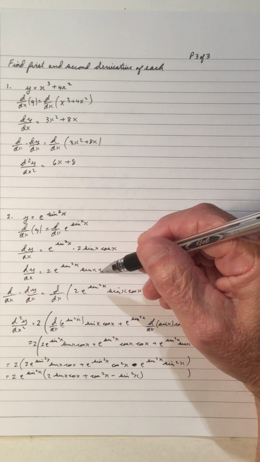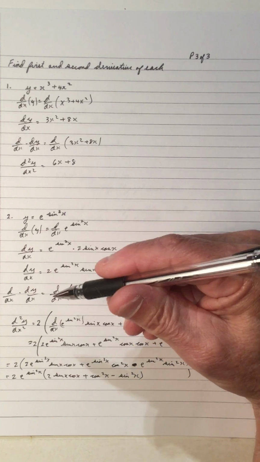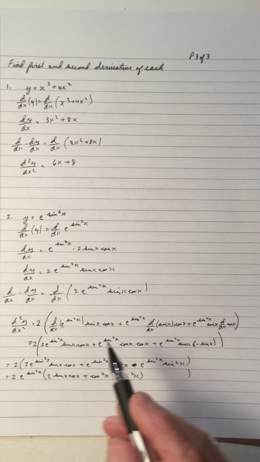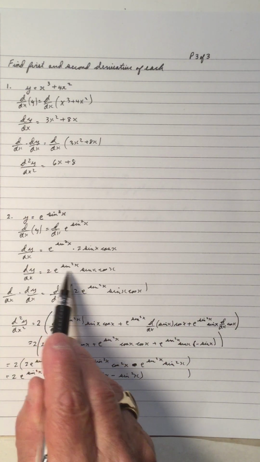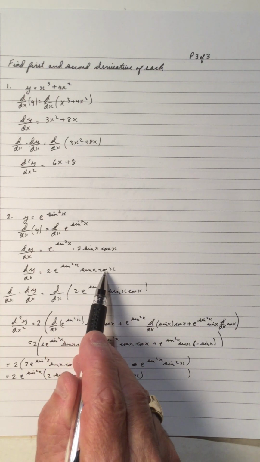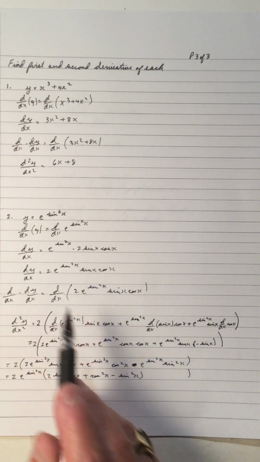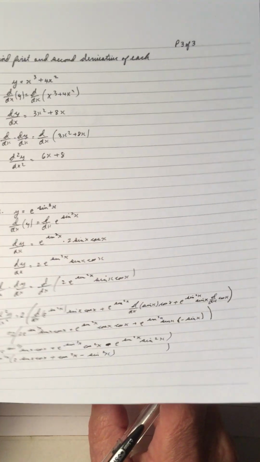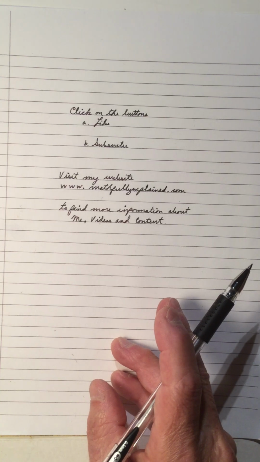When you have three functions, you do the derivative of each one times the other two, three times: one for that one with these two, the derivative of this one with these two, and the derivative of cos with these two, and that's what I've done here. So that's explaining doing the second derivative.